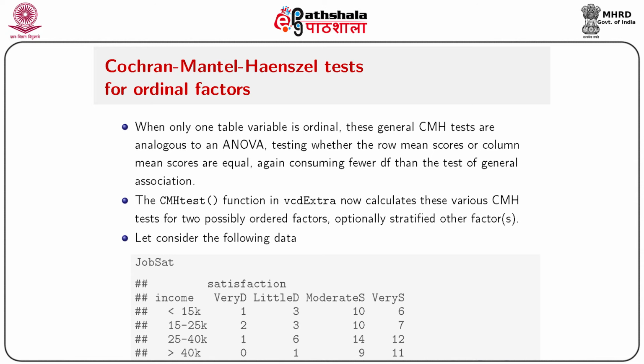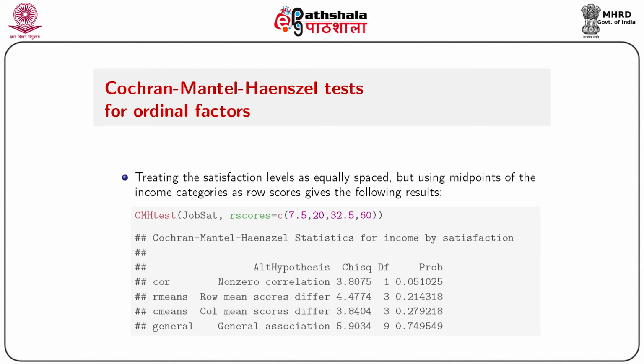The CMHtest function in vcdExtra now calculates these various CMH tests for two possible ordered factors, optionally stratified by other factors. Let's consider the following data, the JobSat data that we had, with income and satisfaction, treating the satisfaction levels as equally spaced, but using the midpoints of the income categories as the row scores, giving the following results.